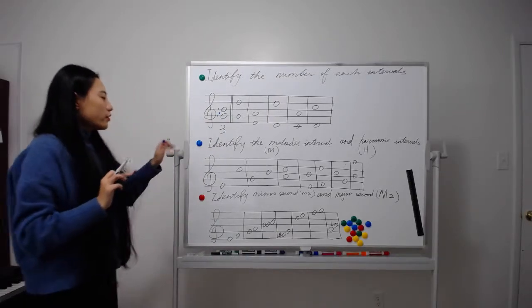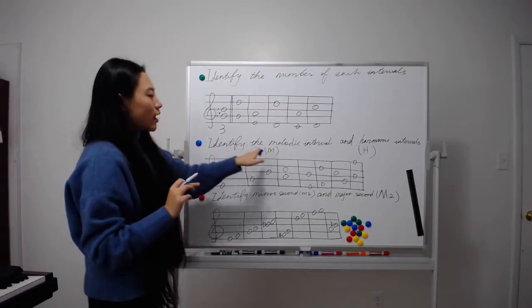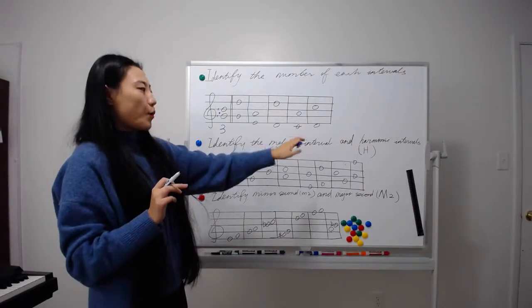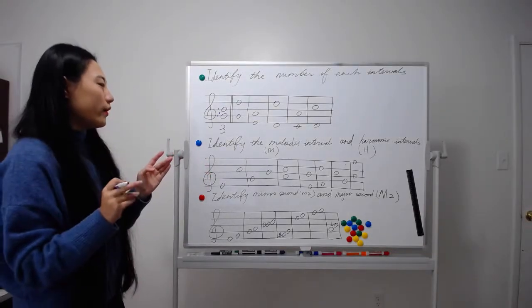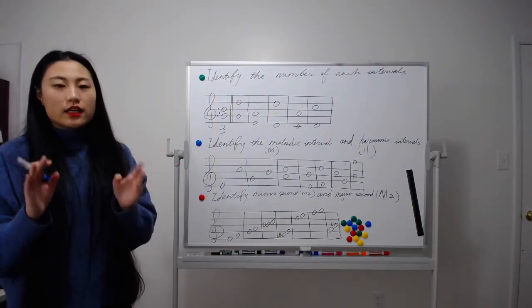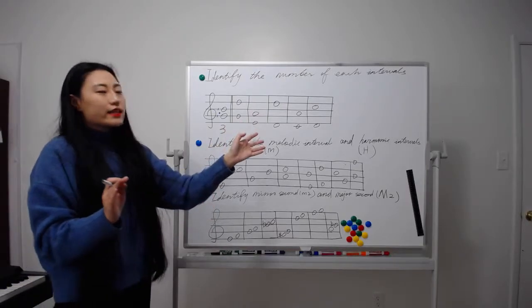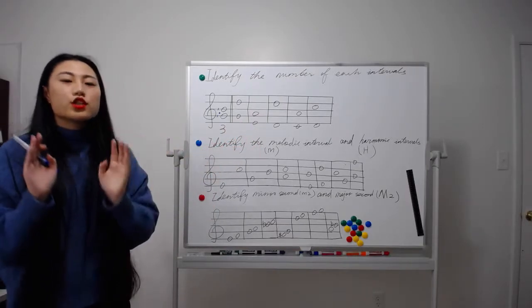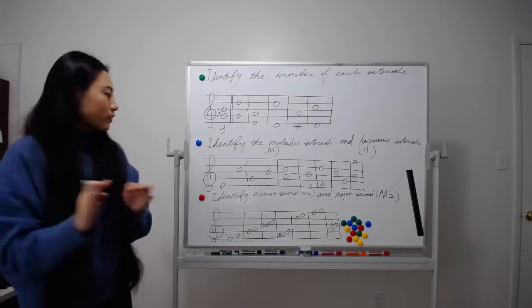And the second exercise is identifying the melodic intervals and harmonic intervals. So the melodic interval is referring to successively sounding tones, right? The harmonic intervals are two notes played at the same time, right?